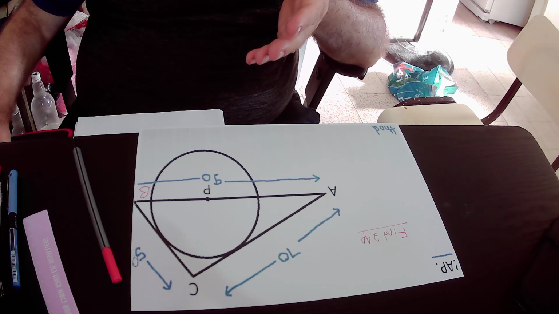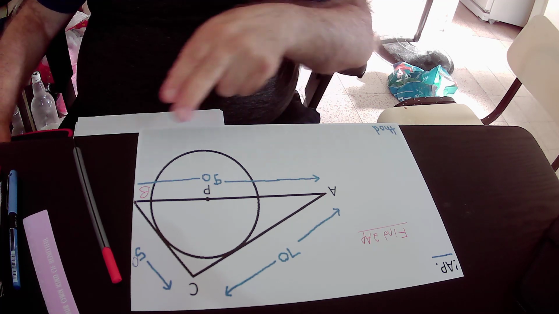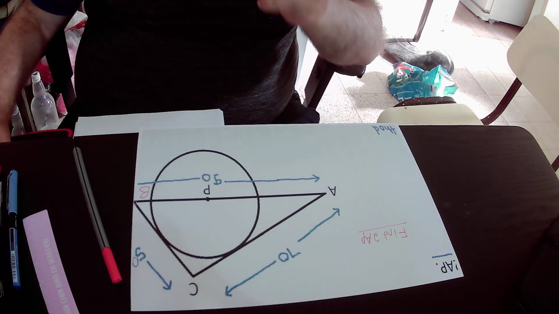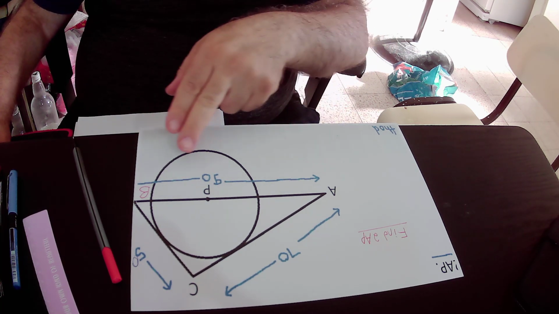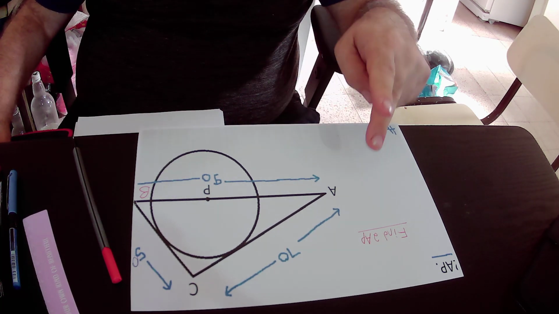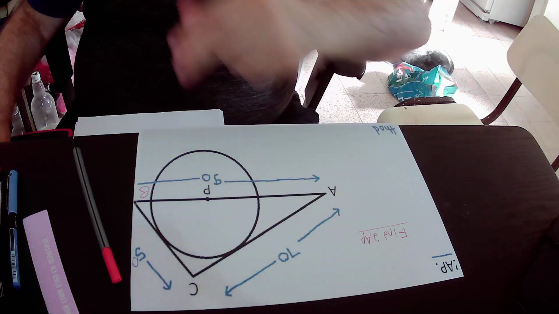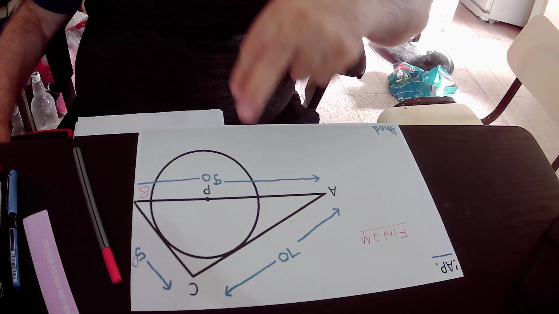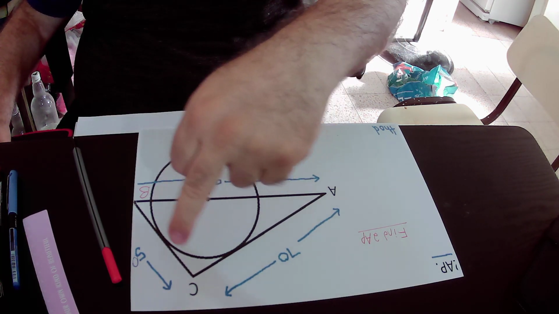As you can see in the picture, we have a triangle ABC with side AB equal to 90 units, side AC equal to 70 units, and side CB equal to 50 units.